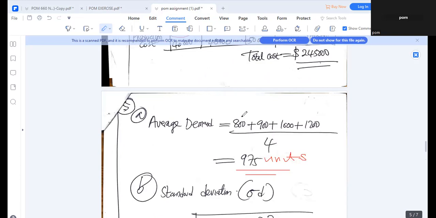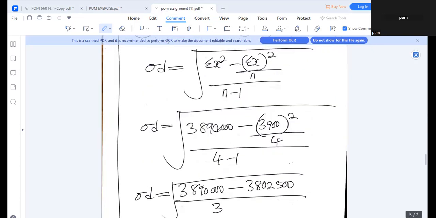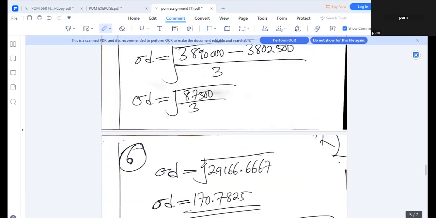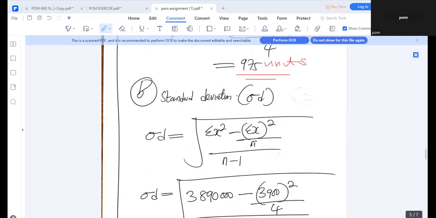Substituting in this equation, the standard deviation of demand was 170.7825 units. This is using that formula because these were just sample months, that's why we're subtracting 1.